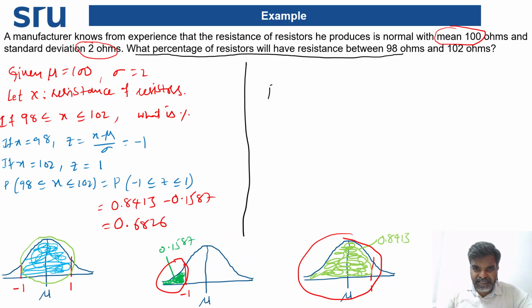For the required percentage, we multiply this probability by 100. That gives 68.26%. So 68.26% of resistors will have resistance between 98 and 102. This is the final answer.